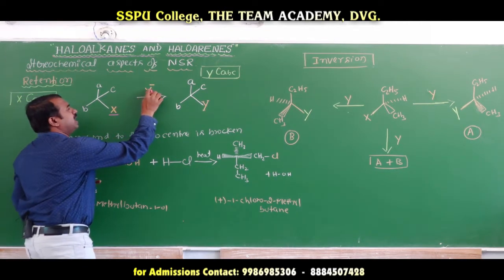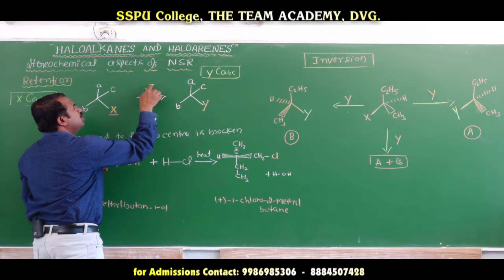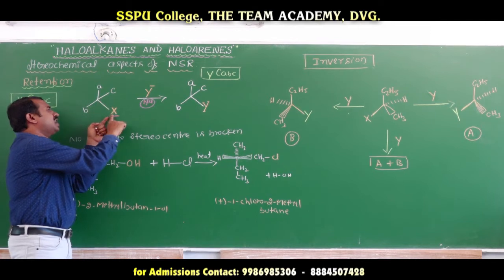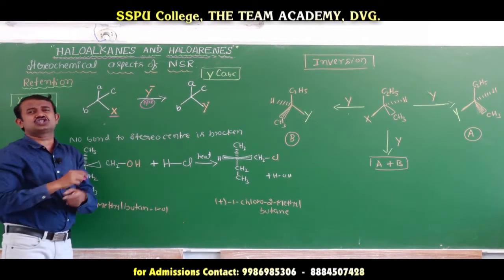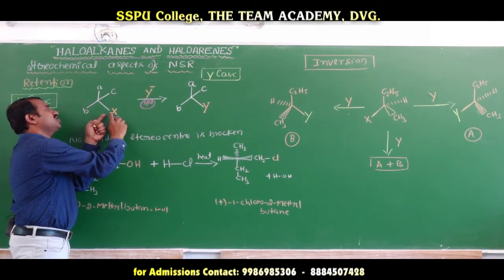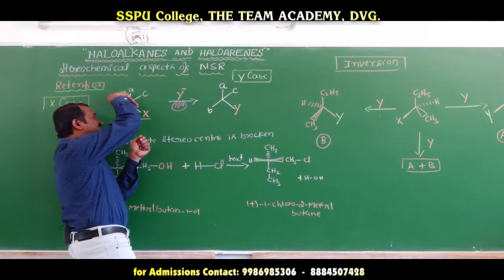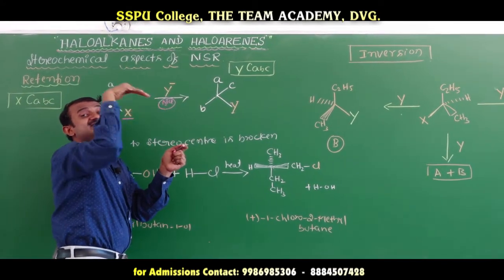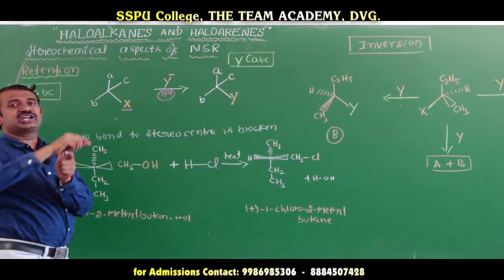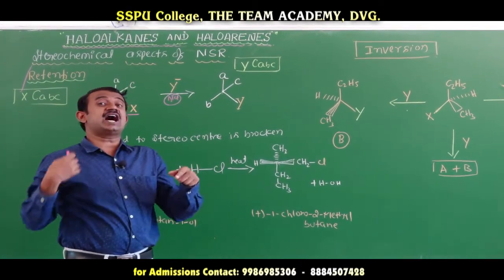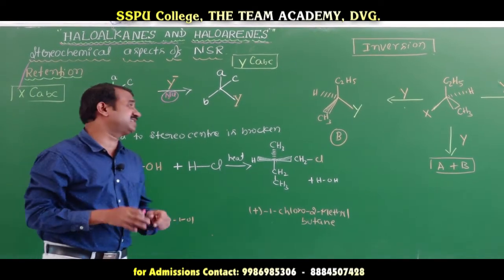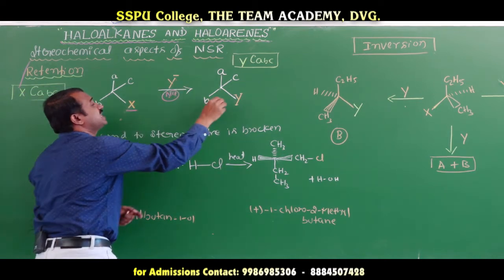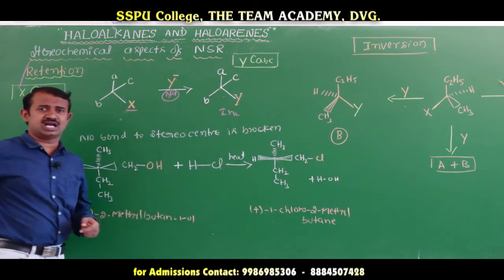When the nucleophile attacks the carbon, symmetrical or asymmetrical, in a substitution reaction, if it attacks from the same side, where X is here and Y is here, that is called retention of configuration. If it is on the opposite side, that is inversion of configuration.